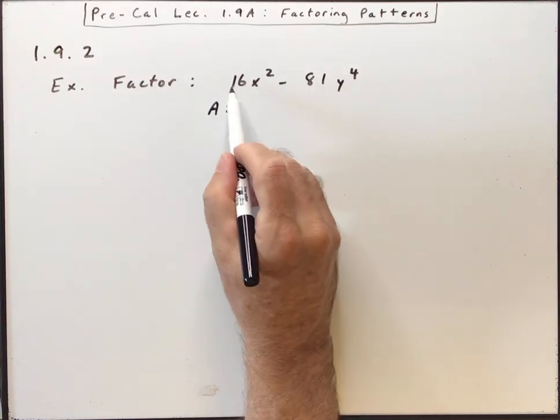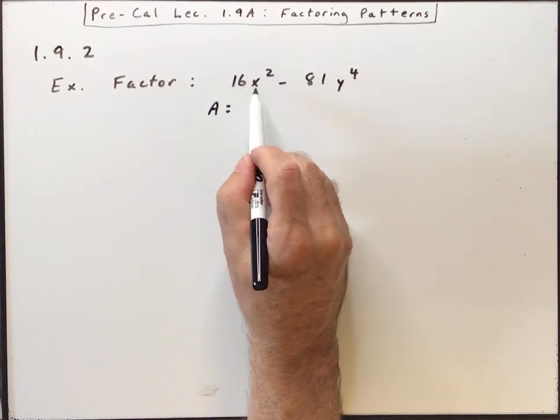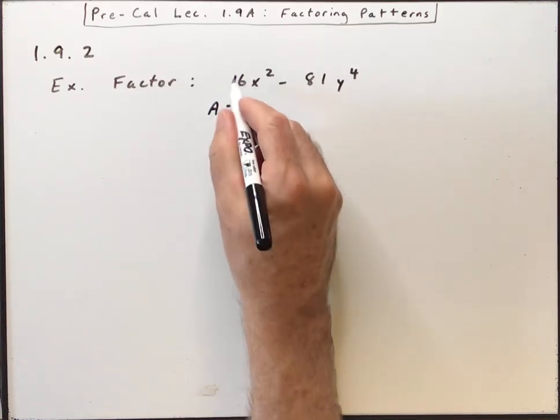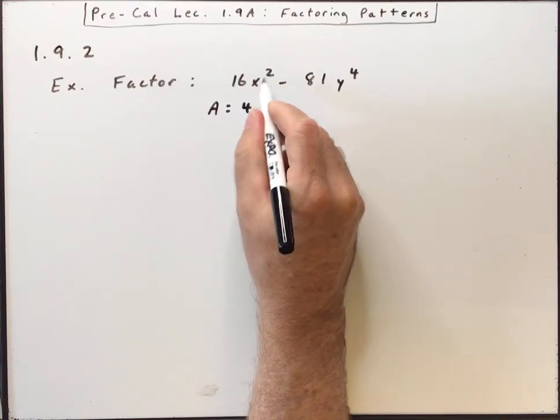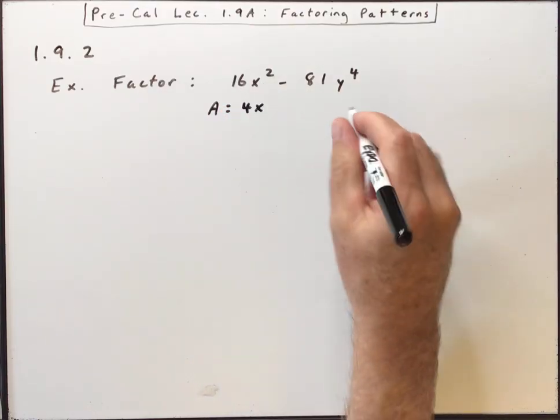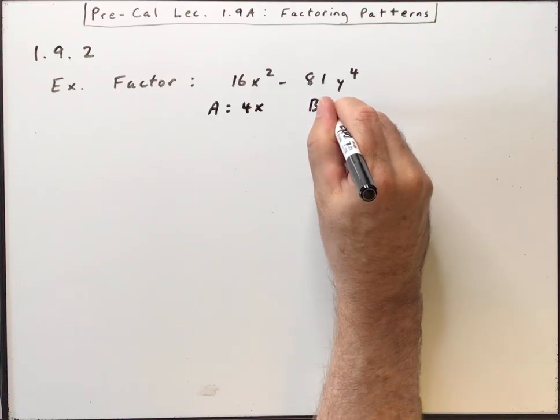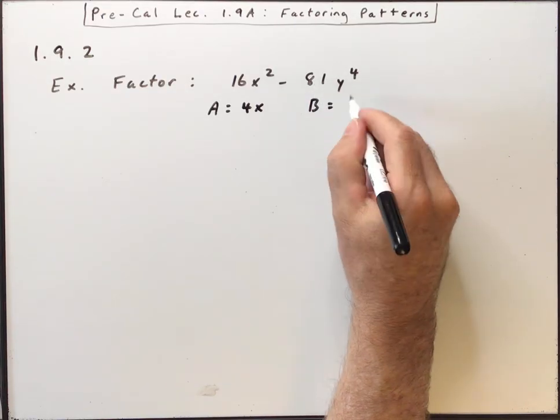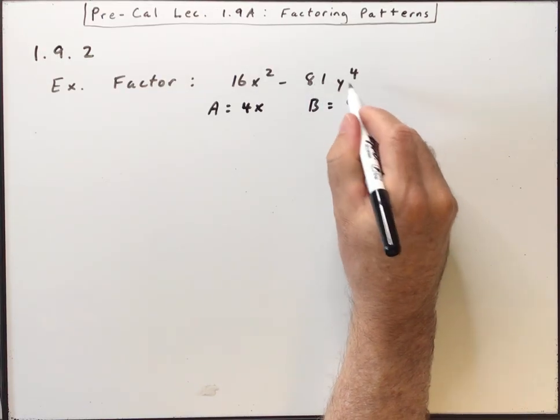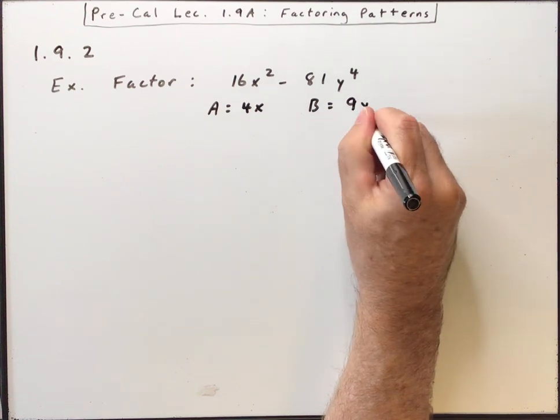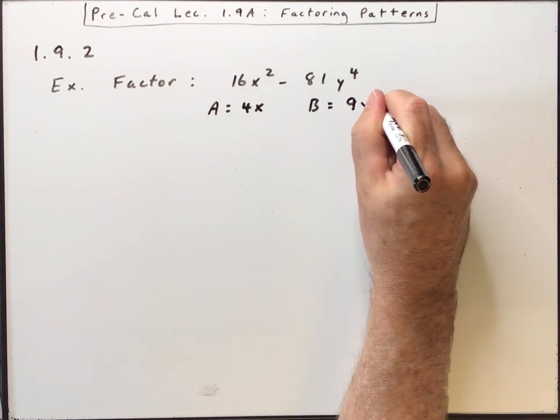Well, what's the square root of 16x squared? Do you get a whole number? Well, the square root of 16 is 4. The square root of x squared is x, so that's a perfect square. How about b? Well, the square root of 81 is 9. The square root of y to the 4th is y squared.